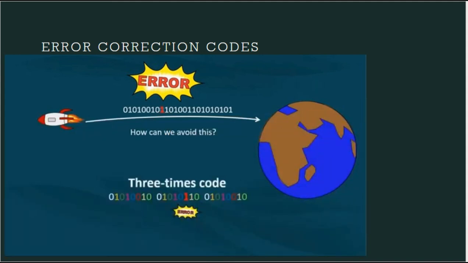Okay, error correction codes. I'm going to be going over error correction codes because this is going to tie into quantum cryptography later on. Error correction codes are codes that are used to correct errors whenever data is being transmitted from one place to another. For example, the spaceship in this picture shows sending a message, and then the red one represents an error in that message.